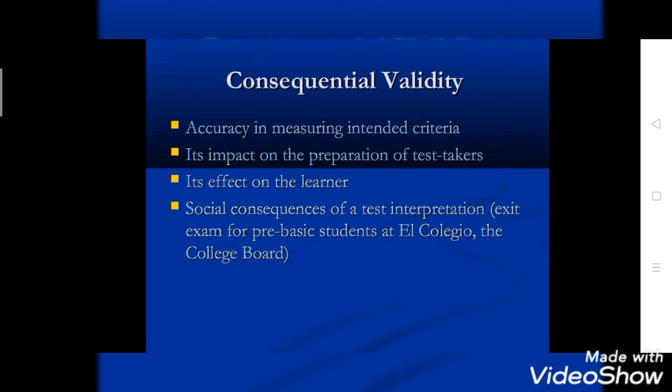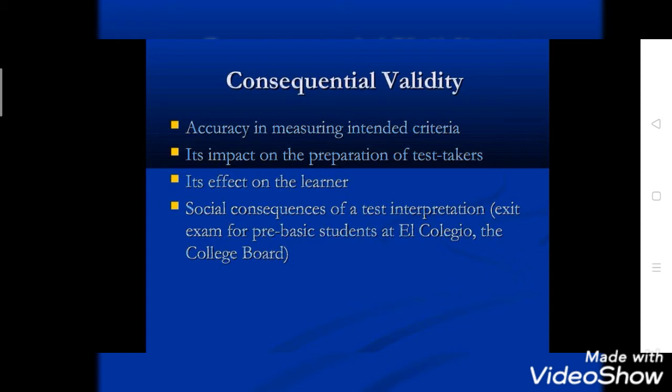And then consequential validity. The first point is accuracy. Accuracy in measuring intended criteria, it means there should be a balanced measuring of the criteria that will be combined.